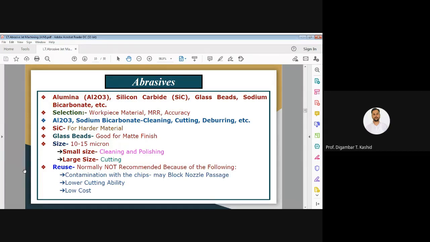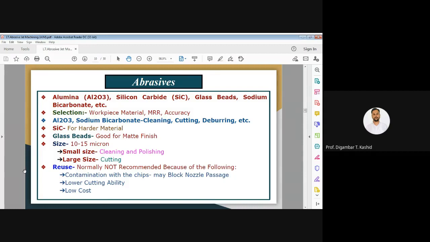So I was talking about the selection of the right kind of abrasive. You can select the abrasive particle depending upon your workpiece metal properties, the metal removal that you require, as well as the accuracy you want. So depending on these parameters you can select the abrasive.